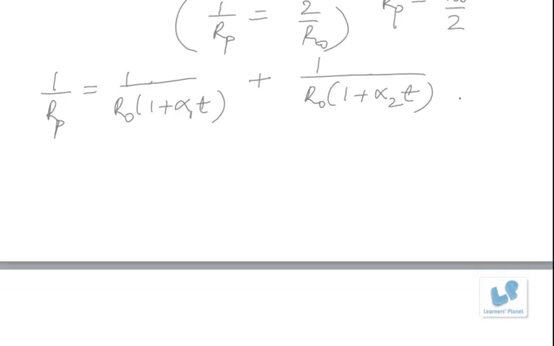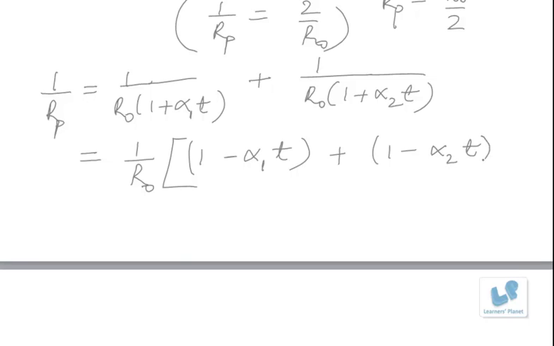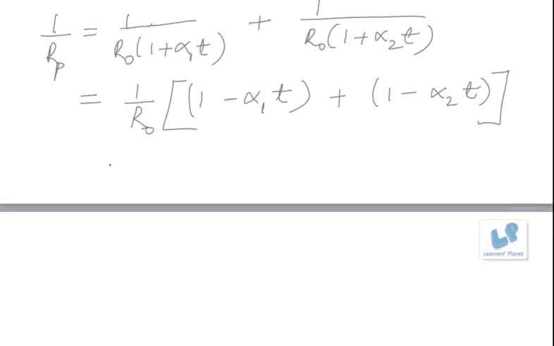Okay, now from this you can take 1 upon R0 as common, and this expression 1 upon (1 plus alpha 1 T), by applying the binomial theorem, could be written as 1 minus alpha 1 T, and 1 minus alpha 2 T. Okay, which is equal to 1 upon R0 [2 minus (alpha 1 plus alpha 2) by 2 times T].